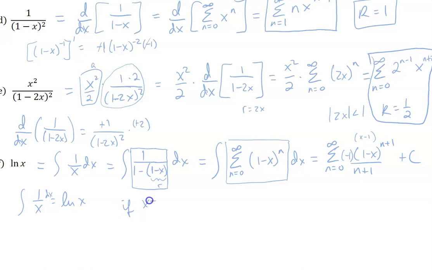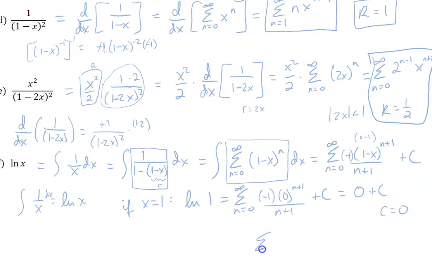Okay, so if x is equal to 1, then we have that the natural log of x, so plugging 1 in, natural log of 1 is equal to the sum from 0 to infinity, and then plugging 1 in over here, I've got a negative 1, and then I also have 1 minus, plugging 1 in for x is just 0, to the n plus 1 all over n plus 1. Well, this is now just 0, which is equal to 0. Oh, plus c. Plus c. So all of this is equal to 0. So c is equal to the natural log of 1, which is 0.